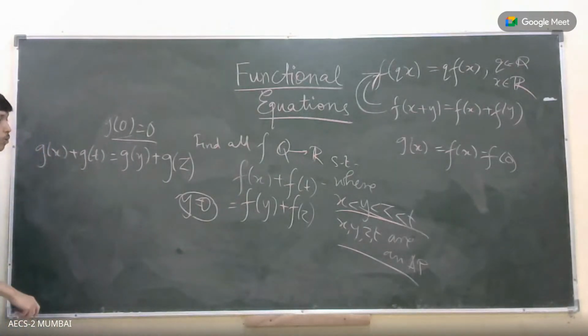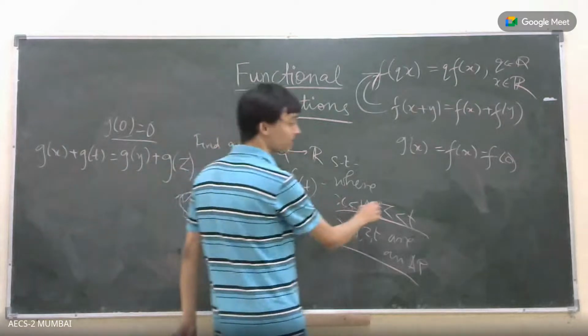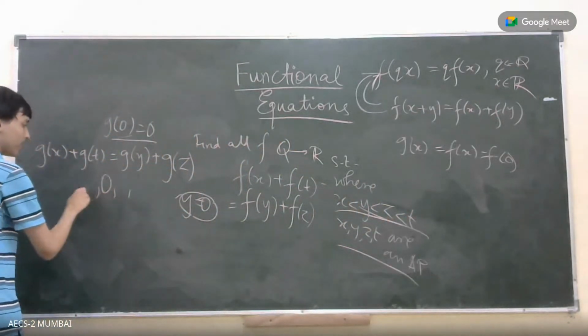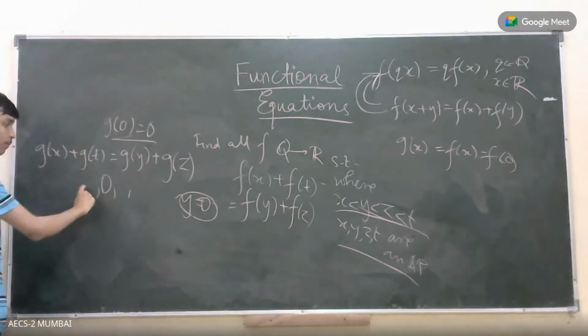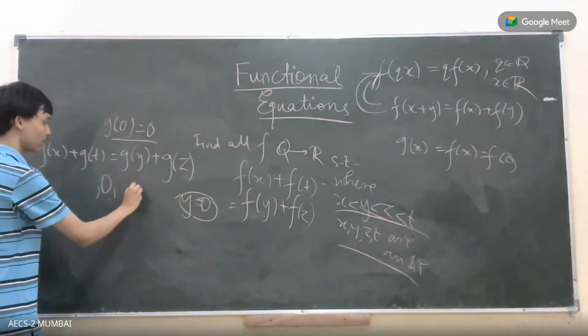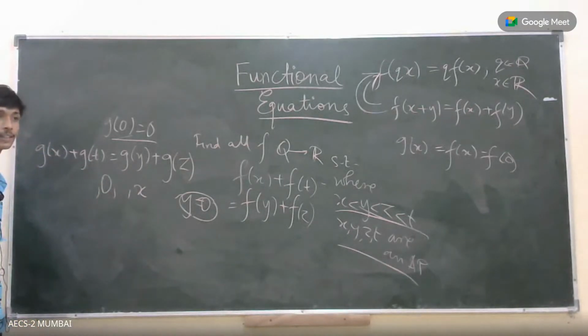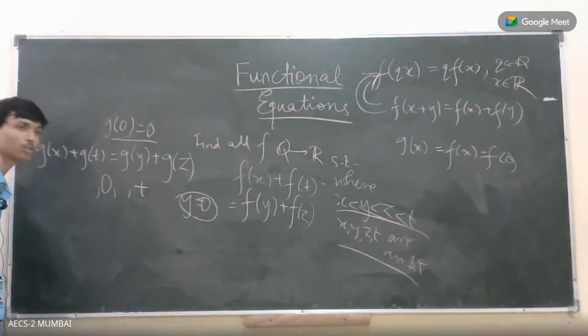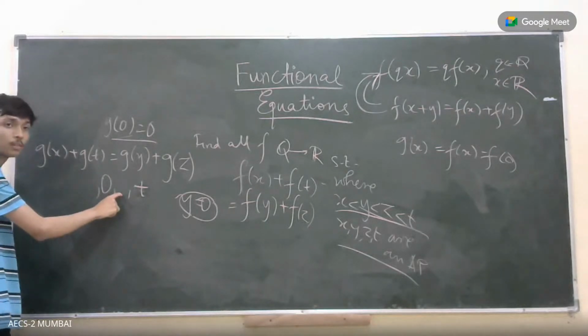Okay, so I put y equal to 0, but remember that we need x, y, z to be in an AP, right? So we have an AP, we still have to fill something. Suppose I put this as x. Can you fill in the other two terms of the AP for me? So what is this term?